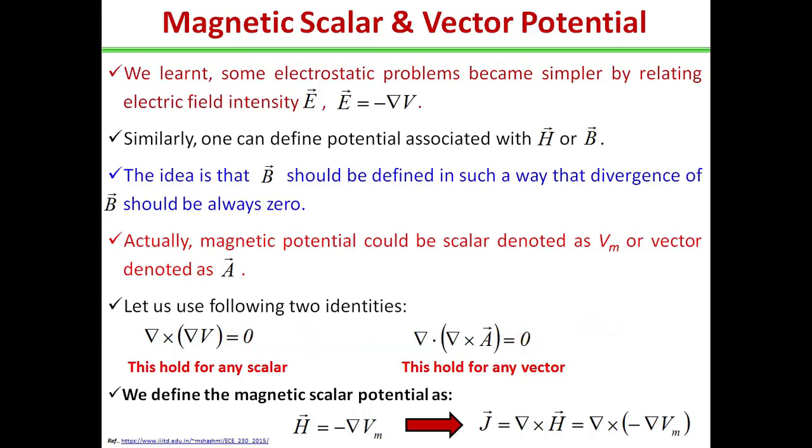Now we define the magnetic scalar potential Vm, which relates with H. So we have H is equal to minus del Vm, and according to Ampere's law, we know that J is equal to del cross H. After putting the value of H, we get J is equal to del cross minus del Vm.